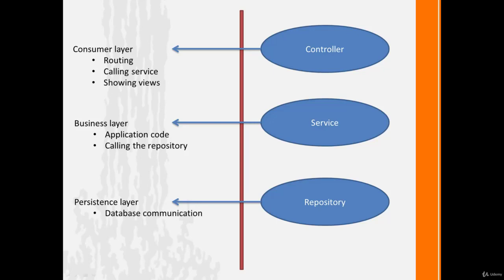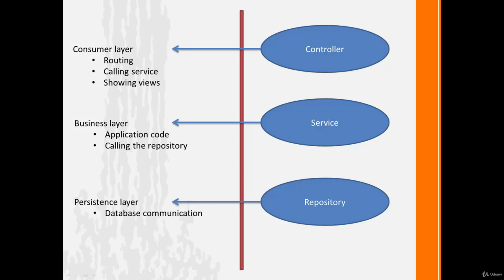You know, business logic, logic for your application. Now, the service layer has one more responsibility, and that is to call the actual repository. And the repository is called the persistence layer. The persistence layer is where you communicate with your database.